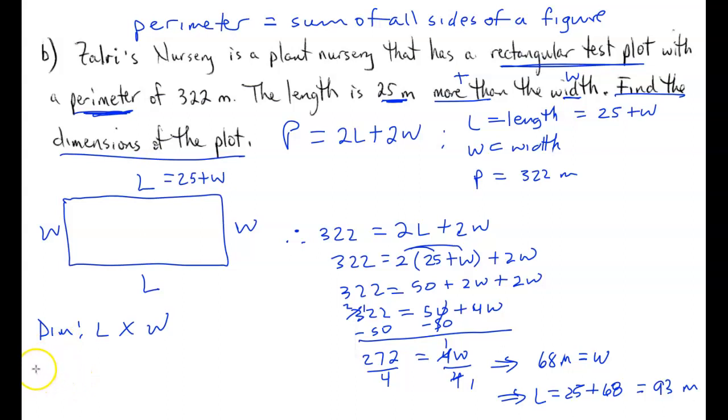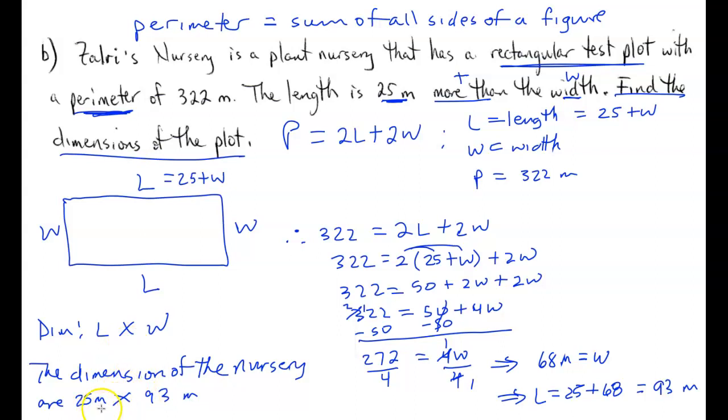So here our answer is the dimensions of the nursery are 25 meters by 93 meters.